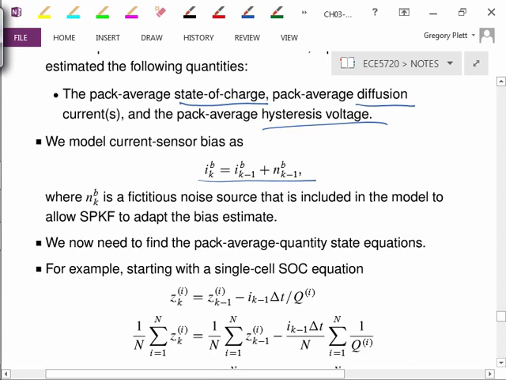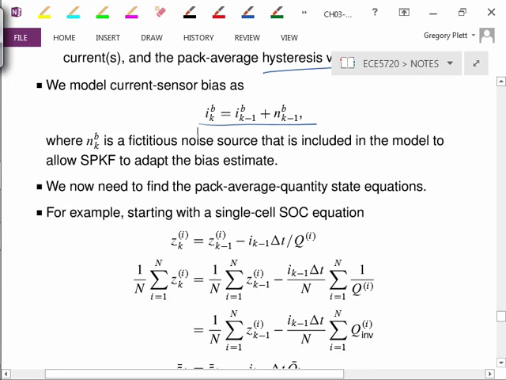We're going to implement a single sigma point Kalman filter for the bar filter. That means that we need to have a model for the state equation and the output equation of the bar filter. And we haven't really addressed how to do that yet, so let's see an example using state of charge as a basis for the example.